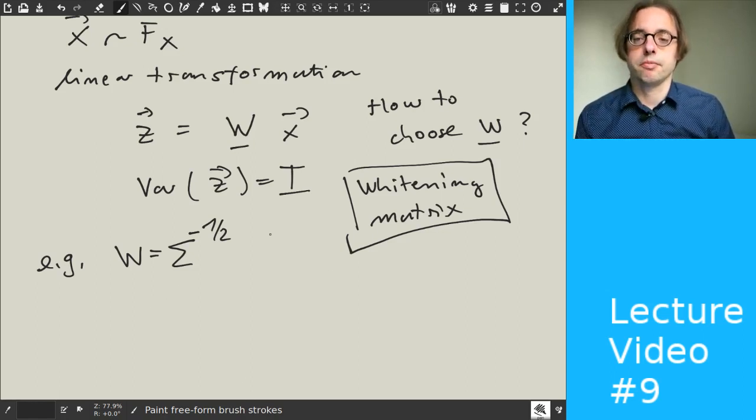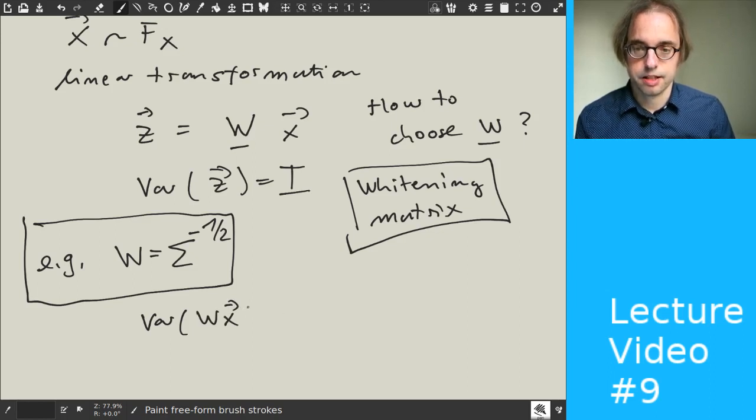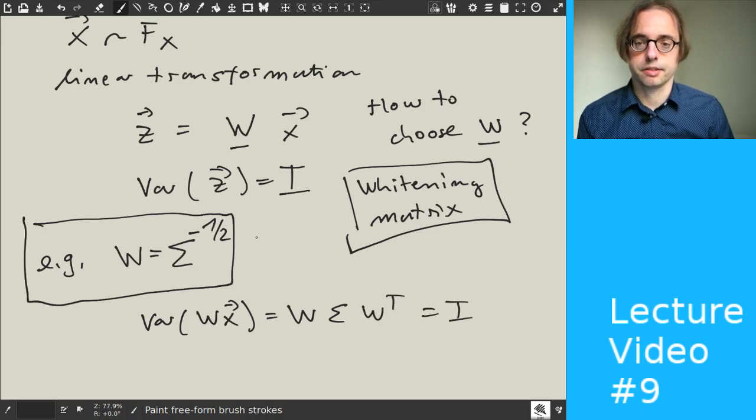And we can work out the solutions by basically going backwards. So we start with this constraint: the variance of Z is equal to the identity matrix. This means we have the variance of Wx is W sigma W transpose, and this is the identity matrix. So this is simply applying what's written there.